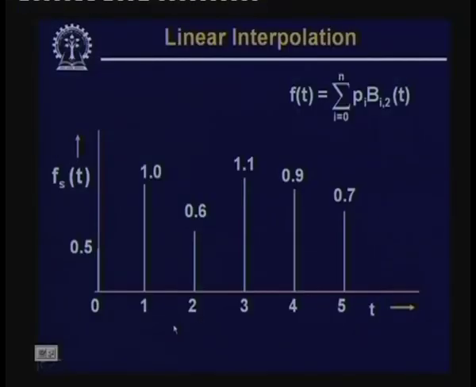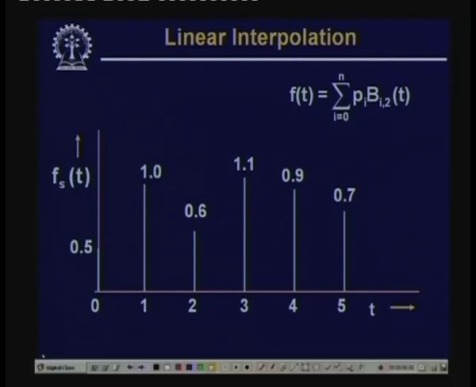So, what I get in case of linear interpolation? In case of linear interpolation, f t is given by the sum of p i into b i 2 t, where we have to take the summation of all these terms for values of i from i equal to 0 to n. So, what we get in this case? You find that we have said that b i 2 t is nothing but a linearly increasing and decreasing function.